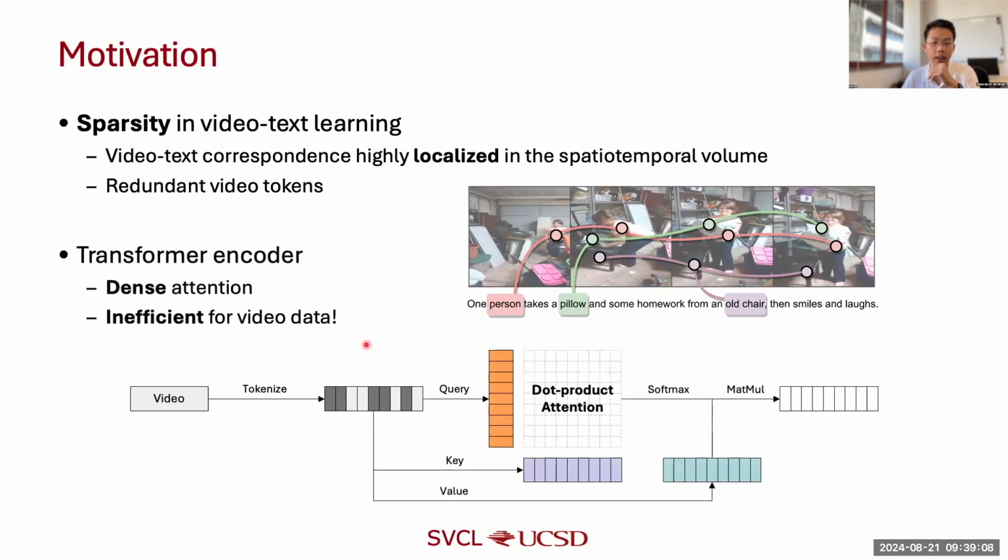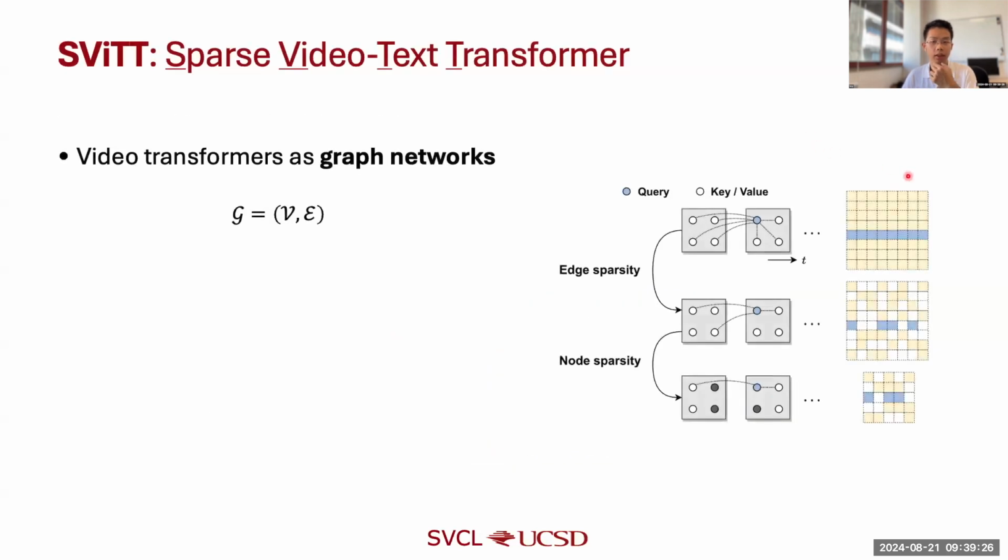This means that a naive transformer encoder, which uses dense attention to compute the dot product between every pair of video tokens, can be very inefficient because it spends most of the resource on the context tokens and not the subject. So motivated by this, we propose a sparse video text transformer architecture, or SViT, in order to harness the sparsity in video modeling.